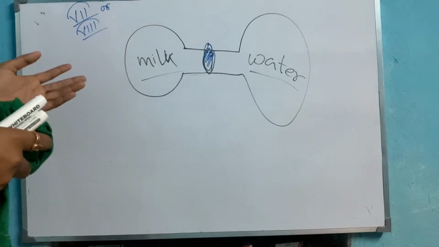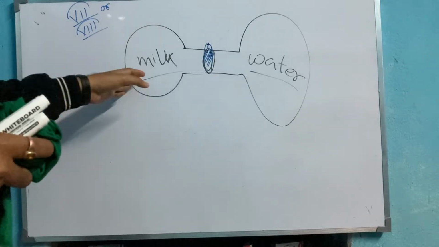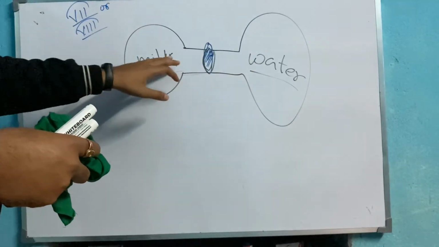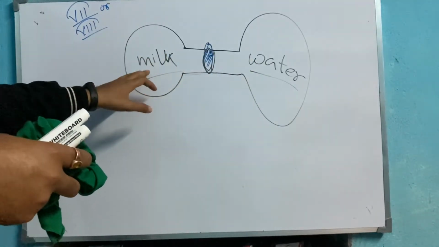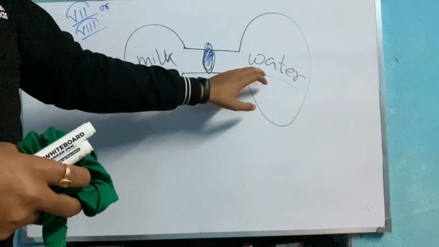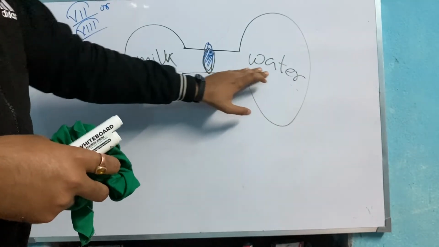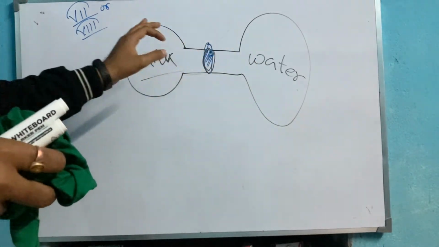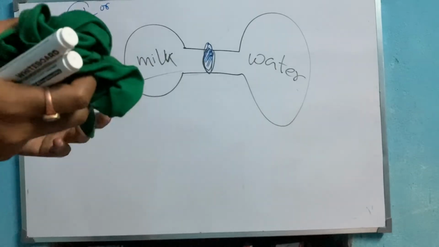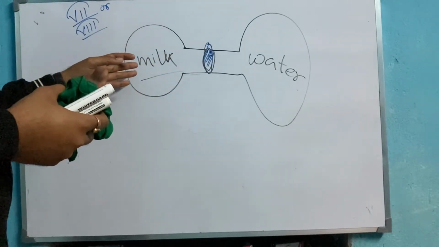The water will come through to this side, and milk will come to this side. Now milk and water are mixed with each other, and you can't differentiate them.